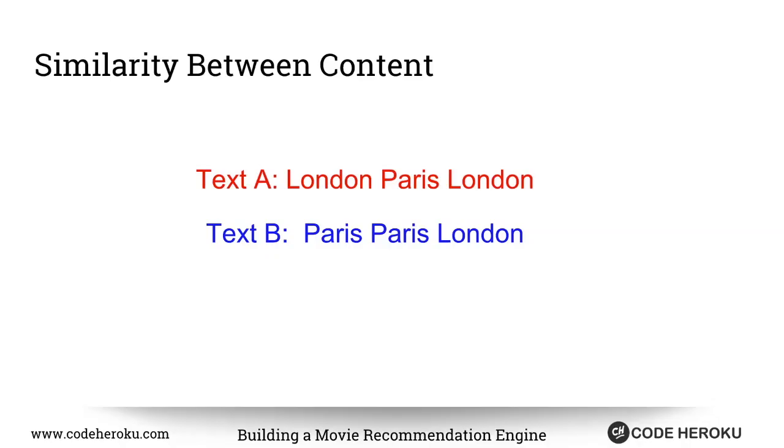Think that these are the 2 sentences in 2 documents. Document A has the text London, Paris, London, and document B has Paris, Paris, London. So based on this, how similar are these 2 documents or these pieces of content? And based on what do you say that?